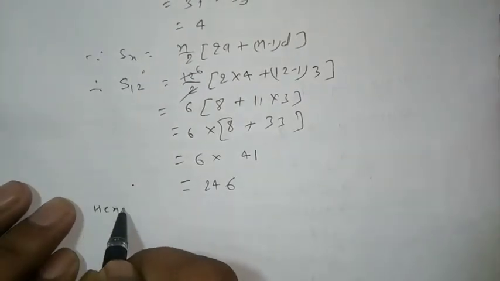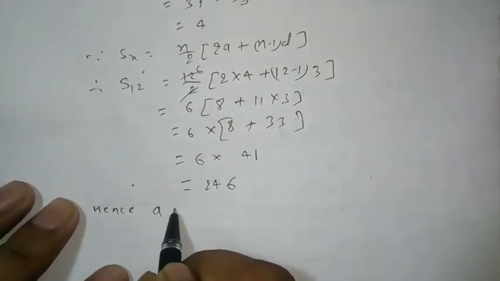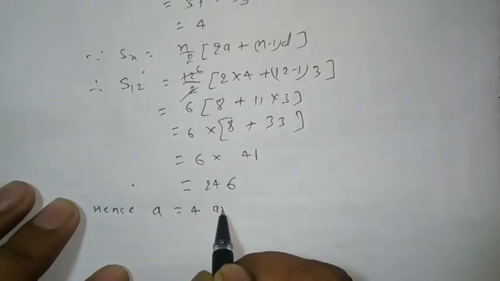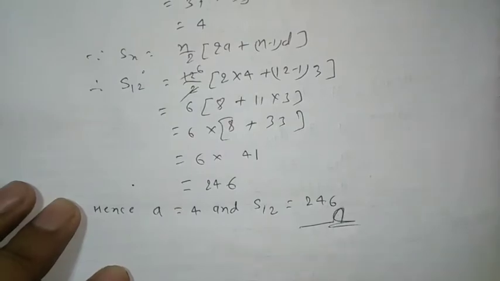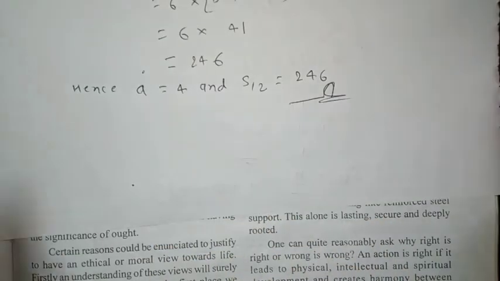Hence a is equal to 4 and S12 is equal to 246. Answer.